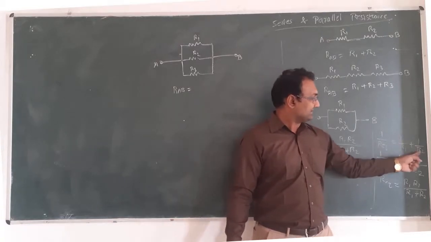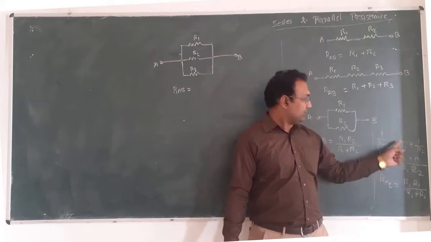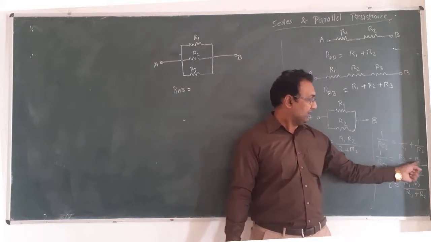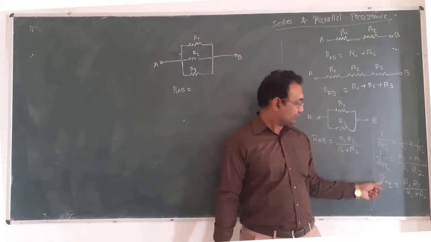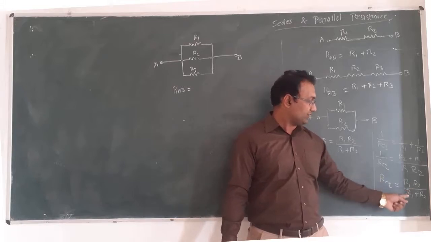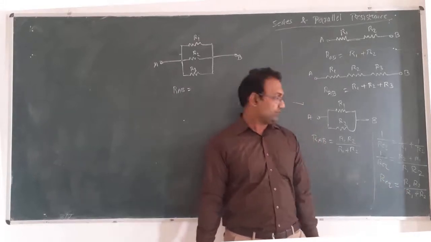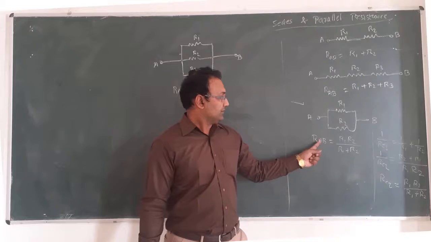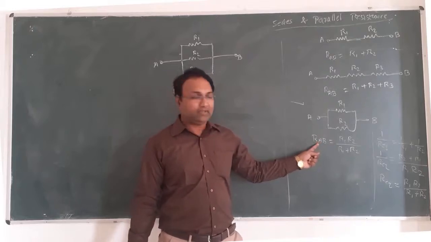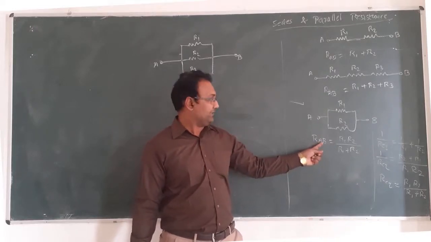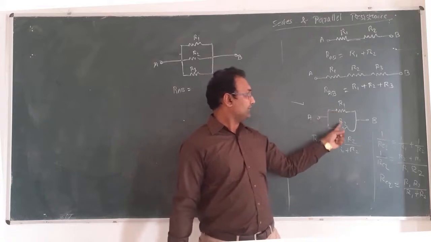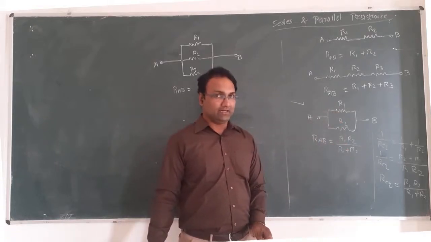So we take the LCM, that is R1 R2. Now R2 plus R1, we will reverse it. So R equivalent will be R1 R2 divided by R1 plus R2. Here it comes: RAB, that is resistance between A and B, is equal to R1 R2 upon R1 plus R2.